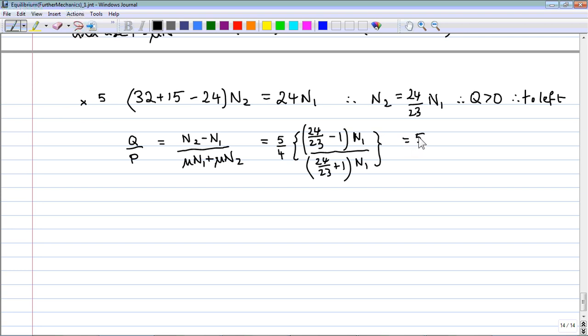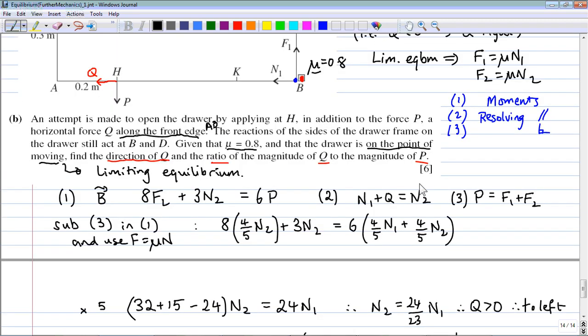So that's 5 over 4, cancelling N1, and we get 1 over 23, and on the bottom we get 24 plus 23, which is 47 over 23. 23's cancel, so I get 5 over 188, which is the value of the ratio of Q to P.